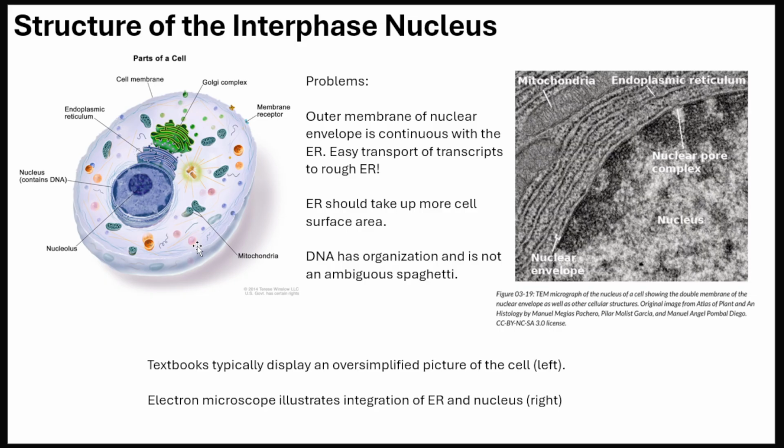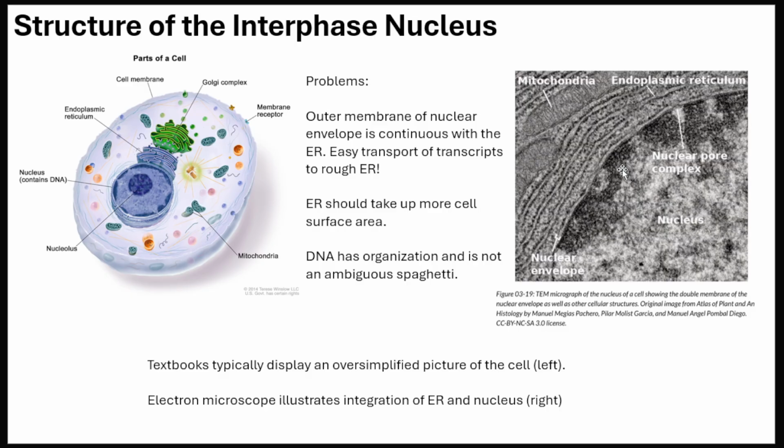If you think about it, it would be inefficient to have such a little endoplasmic reticulum. Also, mitochondria could be bigger, Golgi could be bigger or located elsewhere. It's just very simplistic. So whenever you're thinking about the cell, you should think more about the transmission electron microscopy images you can see on the right here. It's a lot more accurate. It's what's actually going on.